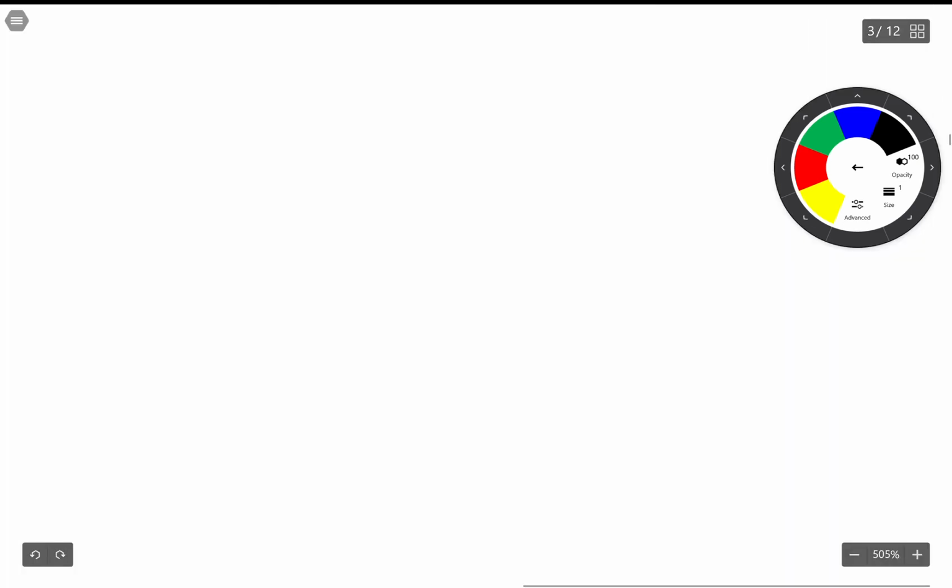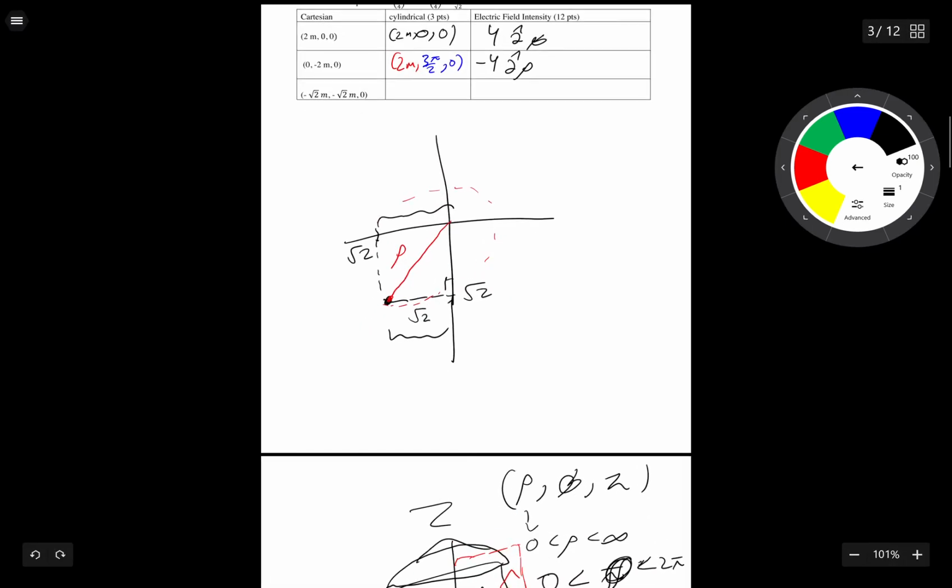So you can use the Pythagorean theorem to calculate this hypotenuse. So our hypotenuse, which is rho, equals the square root of root 2 squared plus root 2 squared, all of this under the root. And our negatives are going to turn to positives. So we have root of 4, which is just going to be 2. So our rho component is 2 meters.